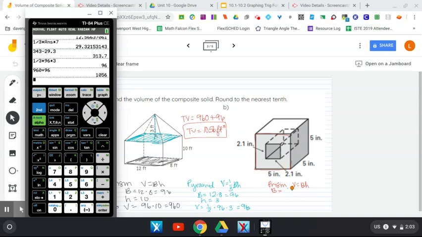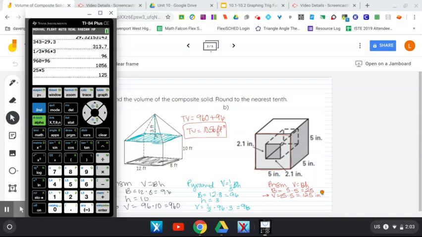So I'll do 5 times 5. And the height is also 5. So when I do volume, I'll do 25 times 5. And so your volume for the big prism is 125 cubic inches.